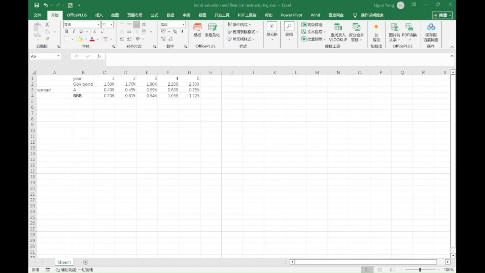Provided that before the new bond is introduced, the credit rating is A, and thereafter it's downgraded to B, we will need to add up the government bond yield and the yield spread of different credit ratings to get the corresponding spot yields of different risk classes.